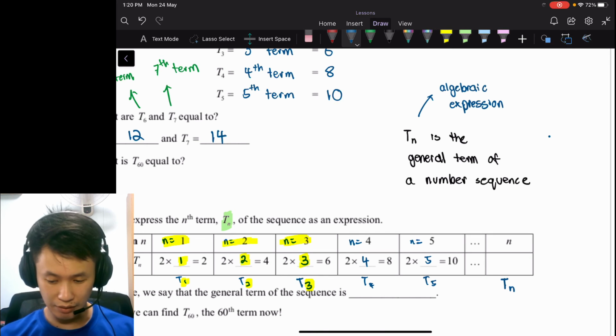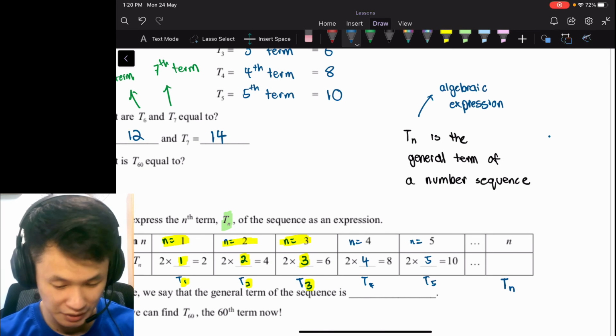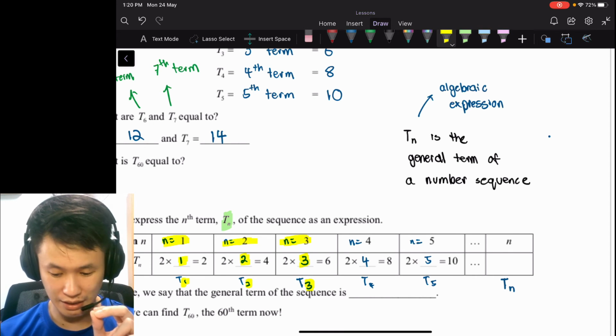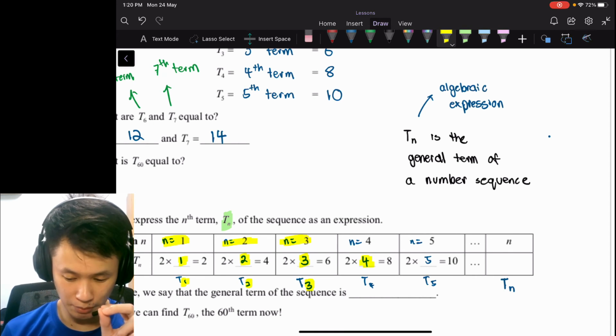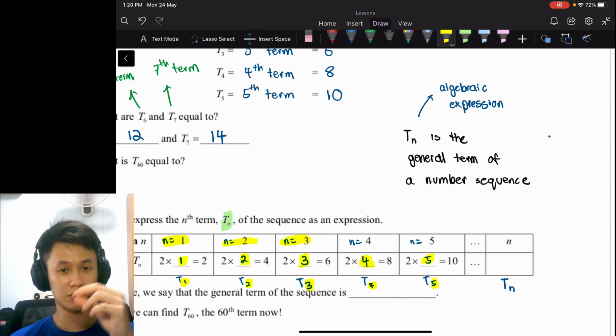If you look at the pattern, normally what you do is multiply 2 by the position number to get the value of the term.